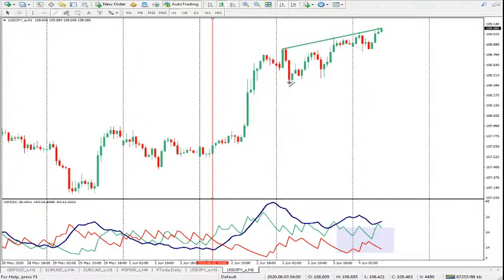So if the price rises beyond the upper trend line, expect it to continue upwards. If it breaks below the lower trend line, expect it to continue to the lower side. So as it is now, this is still upwards. Expect a continuation to the upper side. If price goes above the upper trend line, expect a retracement and then a continuation to the upper side.